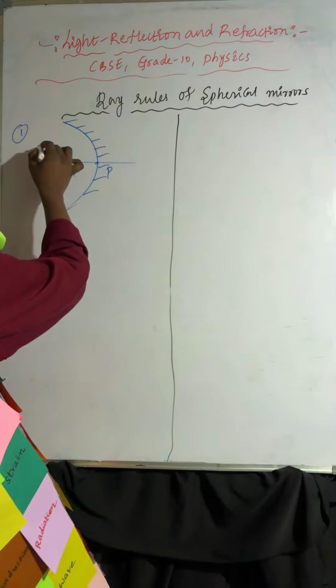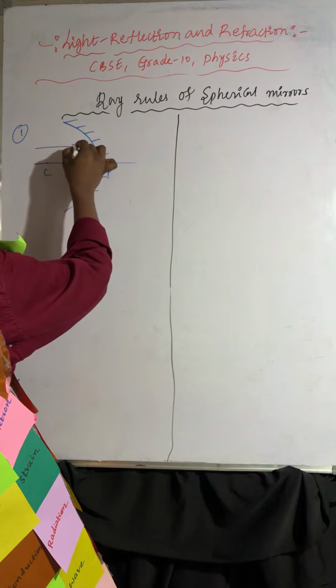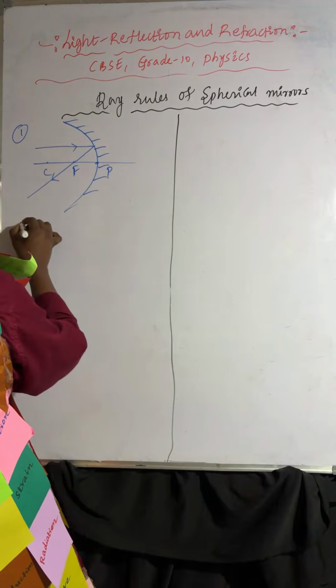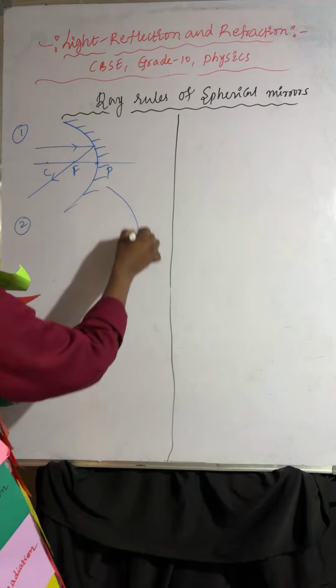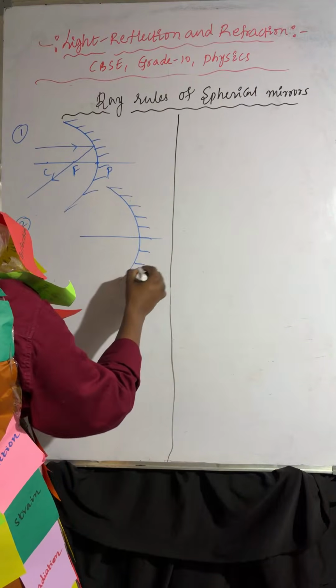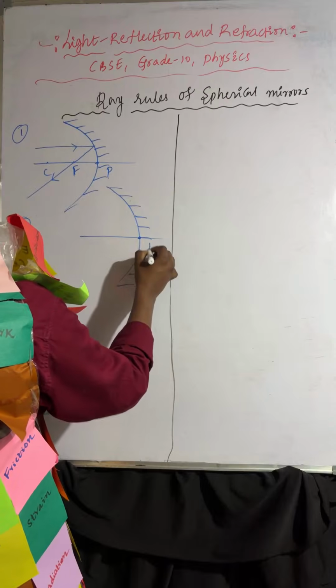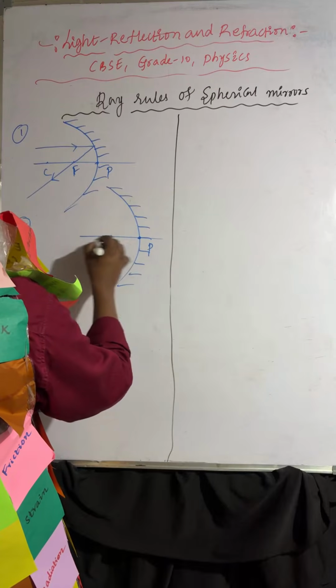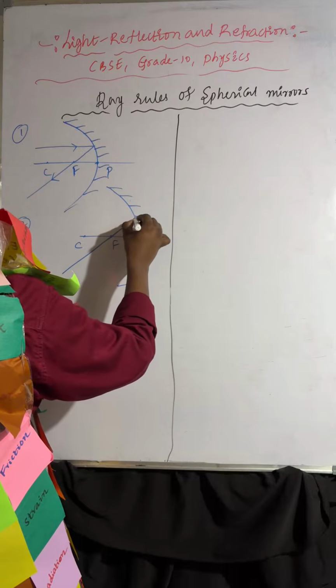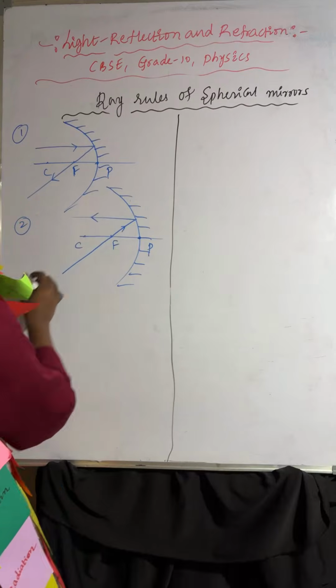First, a light ray coming from infinity passes through the focus after reflection. Second, a light ray passing through the focus moves towards infinity after reflection.